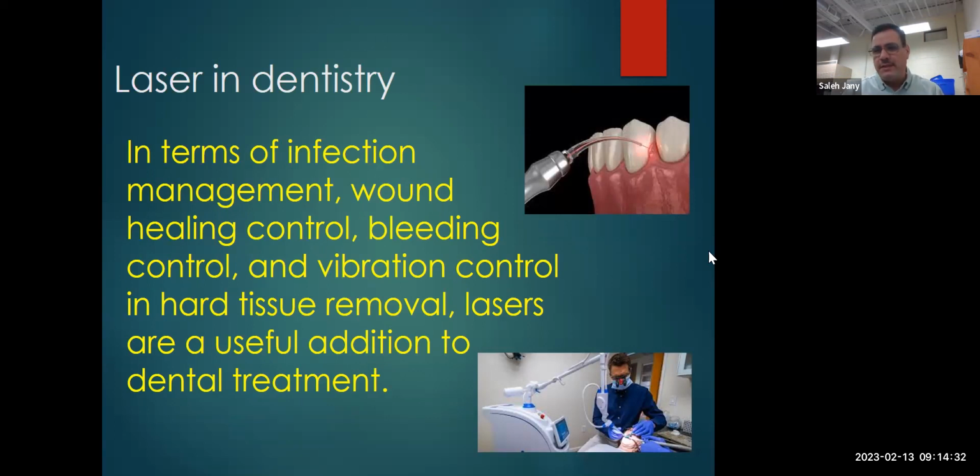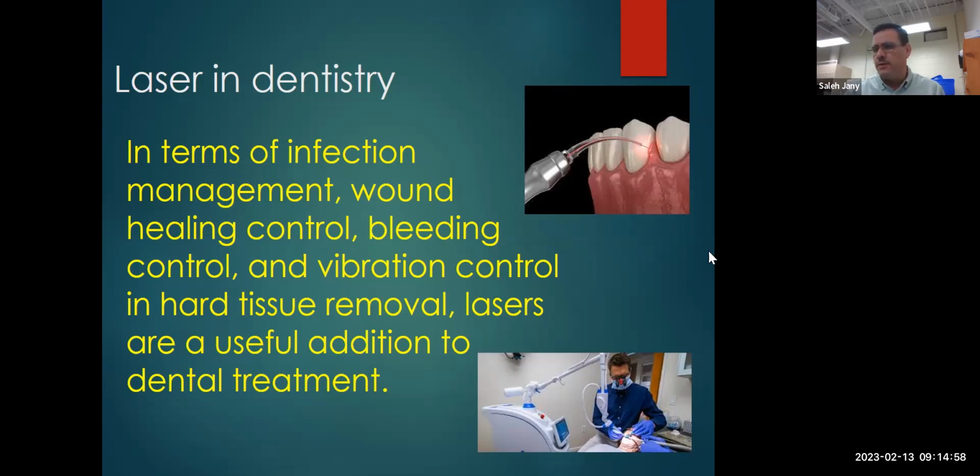The gum will be bleeding, and some impressions, like alginate, should have a dry field. So when we do gingivectomy with the laser, the area will be very clear, and the cut will be very clean, and we can see the margin of the preparation of the tooth very clearly. So the impression would be very good.